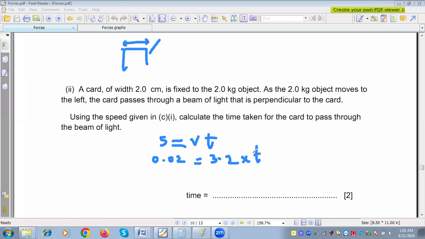So 0.02 divided by 3.2, that is coming 6.25 into 10 raised to the power minus 3 seconds. I'm not sure whether I've taken the right value of speed or not. Anyhow, 6.25 into 10 raised to the power minus 3 means 6.3 milliseconds.